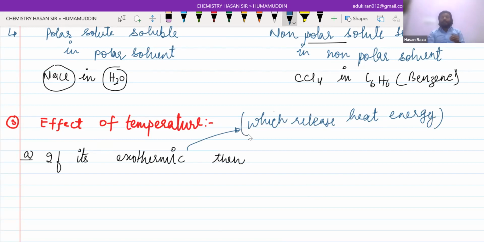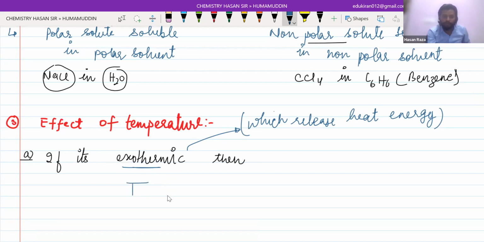That means it already has a lot of energy, that's why it releases heat. And if you have a solute and a solvent and you mix them, and it is an exothermic process, that means it is releasing heat energy. It doesn't require any heat because it already has too much heat energy.